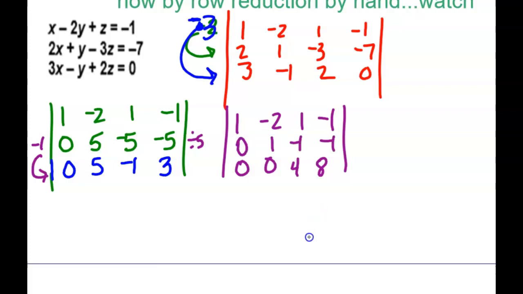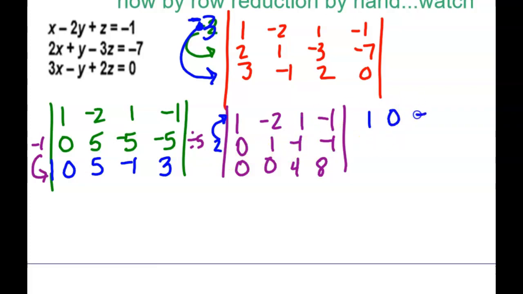All right. Now, I'm almost done, guys. I'm going to do 2 times this middle row and add it up here. Well, 2 times 0 added to 1 stays 1, right? 2 times 1 added to negative 2, 0. 2 times negative 1 would be negative 2.